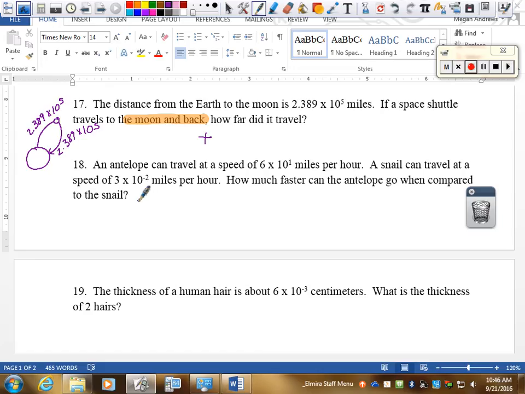What are we adding? The 2.389 times 10 to the 5th, and we're adding it to itself. So on your homework, you should be writing down what you're adding and subtracting, showing your teachers how you're setting up the problem.